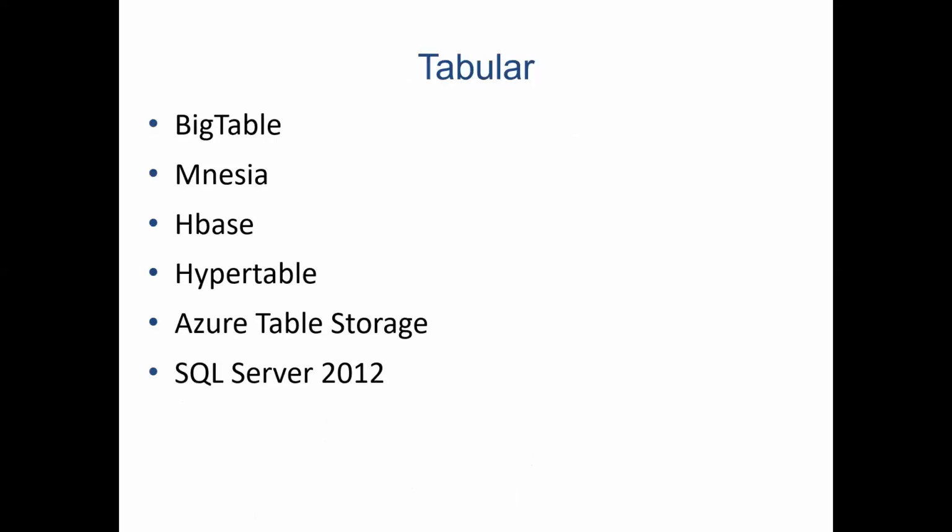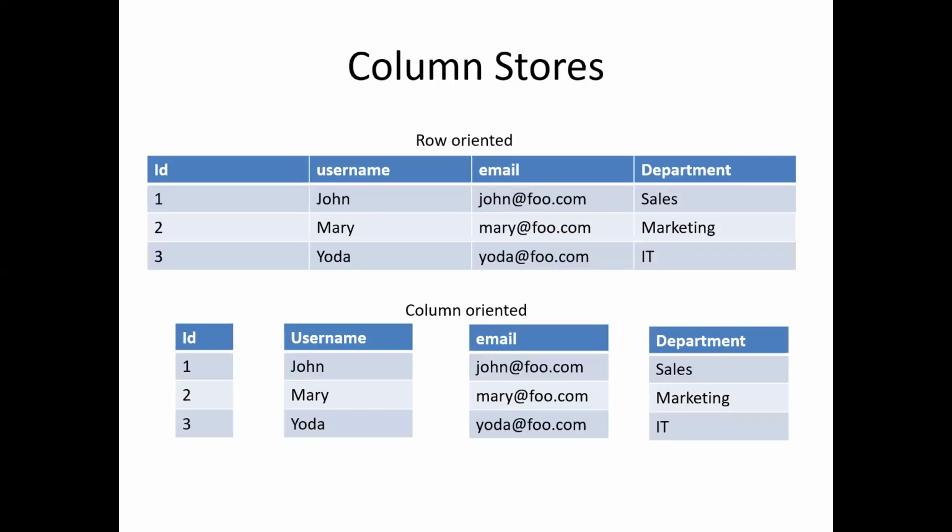Now we come to a very important type, which is called the tabular data type. Tabular is basically a column family database, right? Some of the examples are Google's Bigtable, Mesa, HBase of Hadoop, Hypertable, Azure Table Storage, and SQL Server 2012. This is a row-oriented system, very commonly seen in RDBMS.